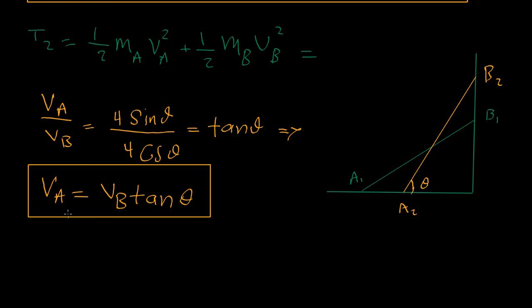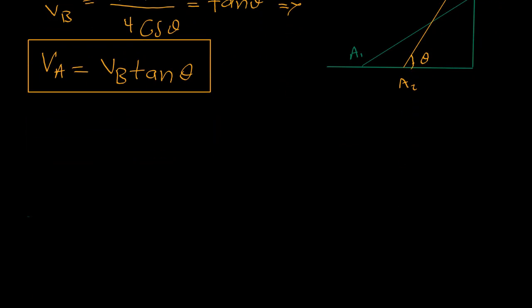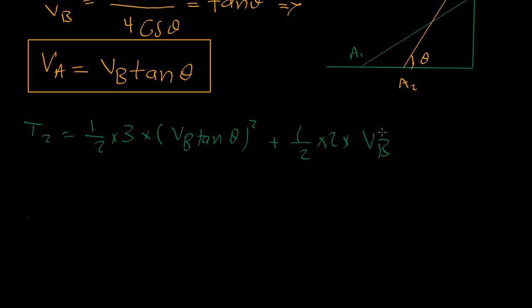Okay, so I can write the kinetic energy as a function of only one unknown here. So T2 is equal to 1 over 2 times m_A, which is 3, times v_A squared, which is v_B tangent theta squared, plus 1 over 2 m_B, which is 2, times v_B squared.